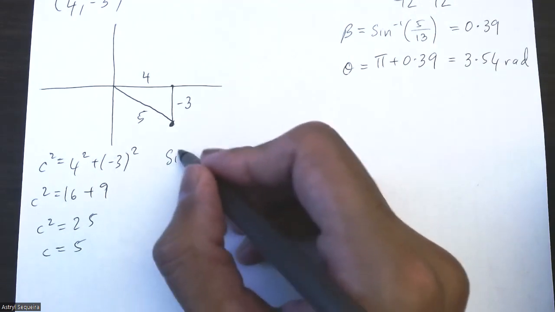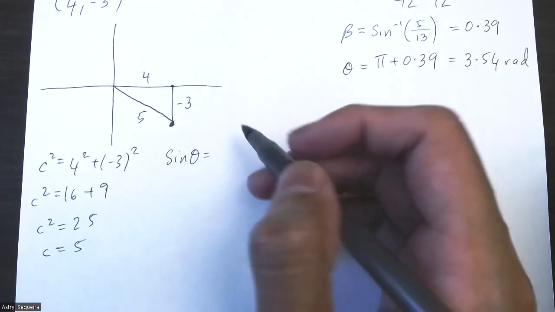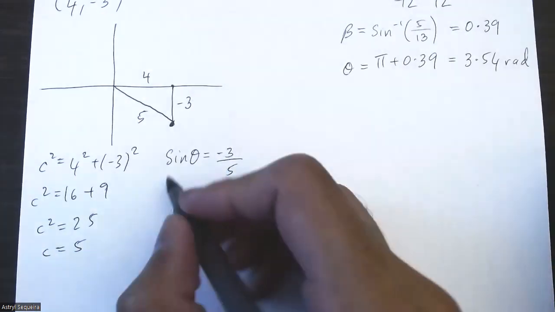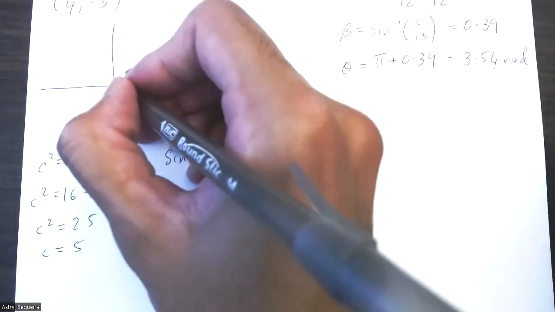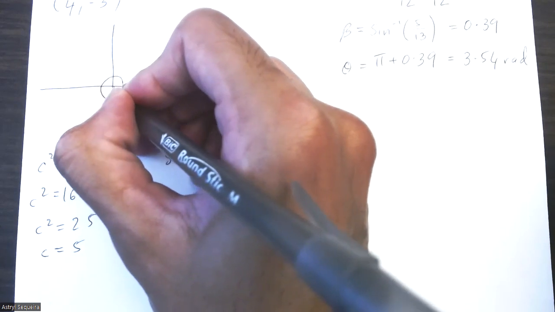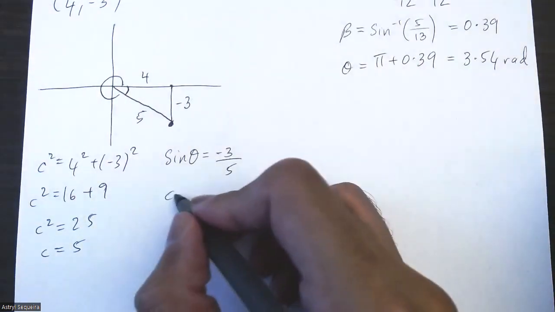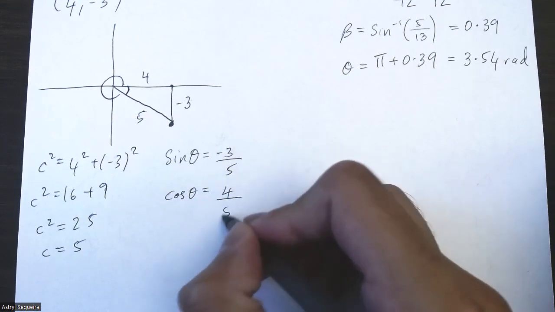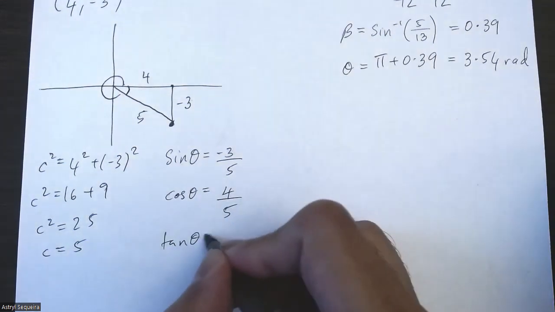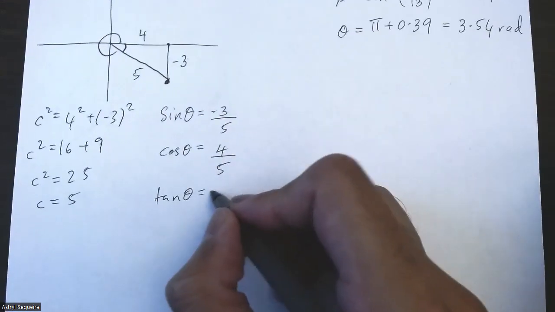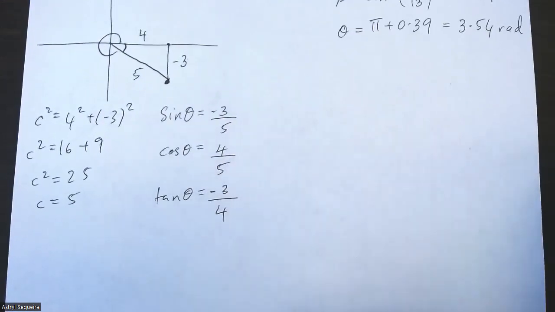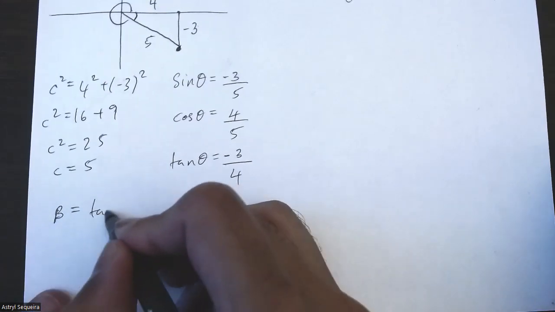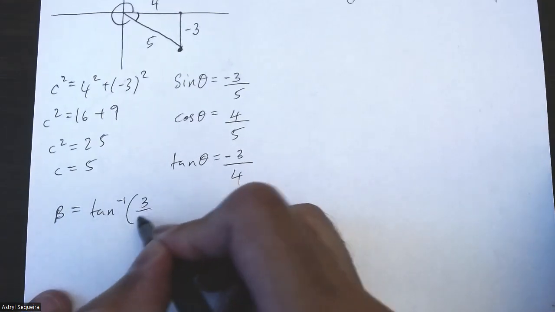Then I can do sine theta equals opposite over hypotenuse, so -3 over 5. And we're pretending like it's this angle, although the principal angle is all the way this one over here. Cos theta is adjacent over hypotenuse, which is 4 over 5, and tan theta is opposite over adjacent, which is -3 over 4. Then I'll find my acute angle first. I'll do the tan inverse of positive 3 over 4.